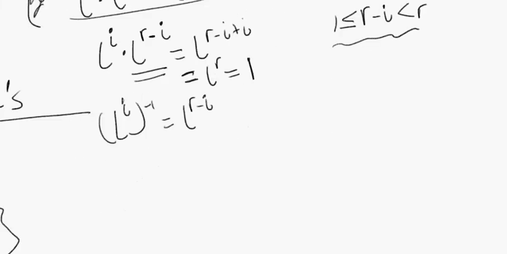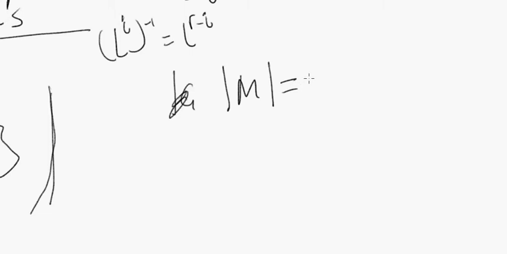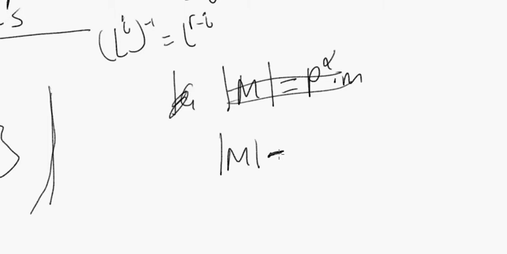If Lagrange's theorem is saying that a subgroup's order must divide the group's order, suppose we have a group whose order is, I don't know, p to the alpha times m. At the moment we don't want to do that. Let's be just a little more playful first.